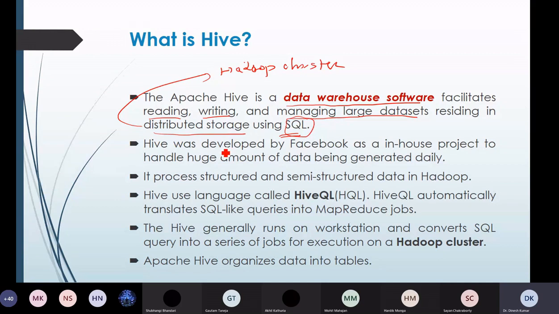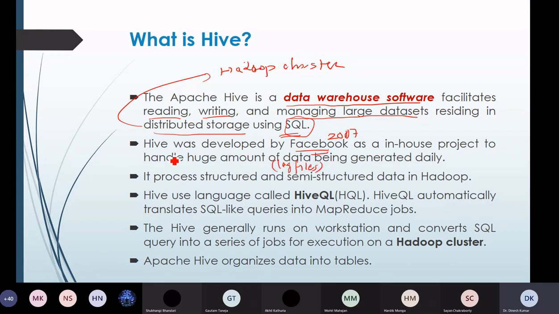So if you are good at SQL, you can basically work on the Hive component. Hive was developed by Facebook in 2007. Actually, it was an in-house project in which they handled a huge amount of data in the form of log files.